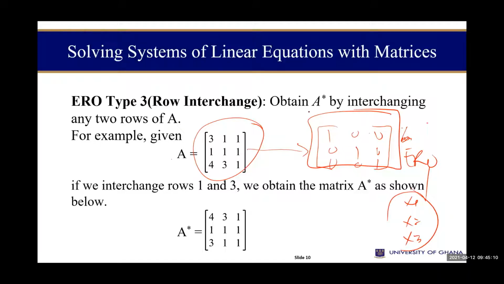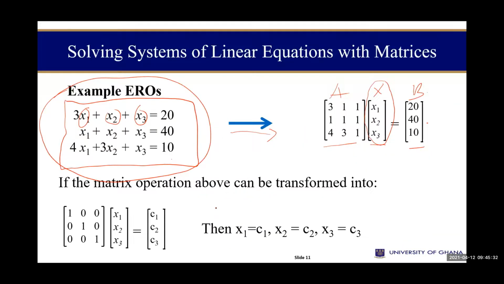So we can do row interchange. Let's interchange row 1 and row 3. I'm moving the whole of row 3 to row 1, and this is not a transpose. I need you to understand that. Then I'm just bringing row 1 to row 3 respectively. This is what that operation says.